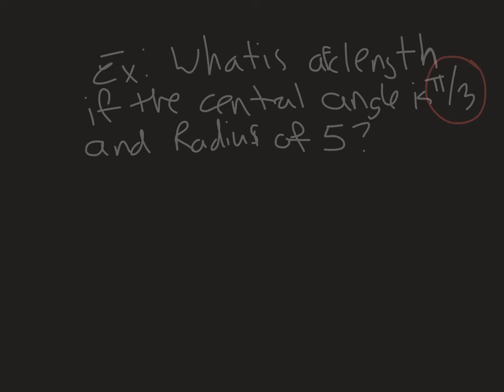However, sometimes a radian measure is not going to have a very nice degree equivalent. So sometimes it's nicer to actually work with the radians. Now, one benefit here, all I have to do, my arc length is going to be my radius, which is 5, times my angle, in this case, because it's a radian, pi over 3, which means that my length is going to be 5 pi over 3.